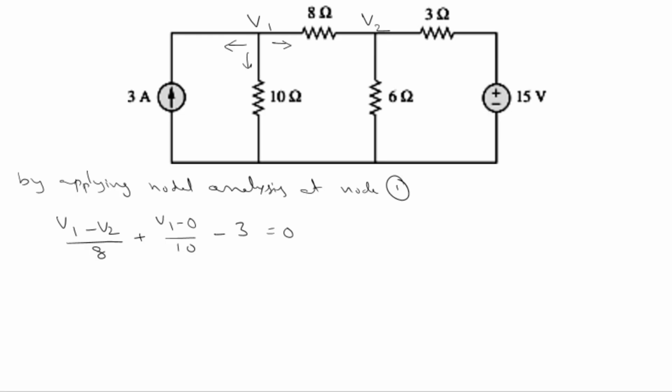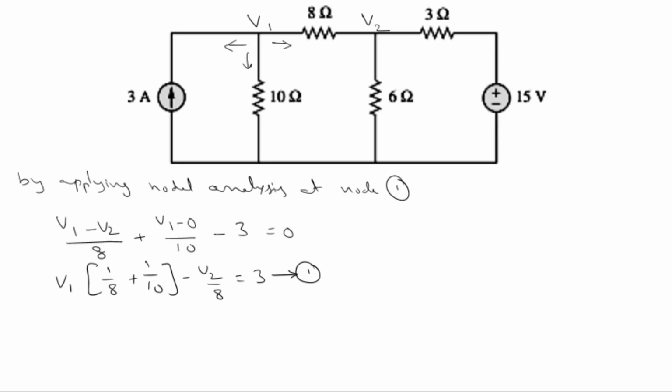Hence we consider minus 3 amperes equal to 0. By separating V1 and V2 terms, V1 into 1 by 8 plus 1 by 10 minus V2 by 8 is equal to 3. This is equation number 1.